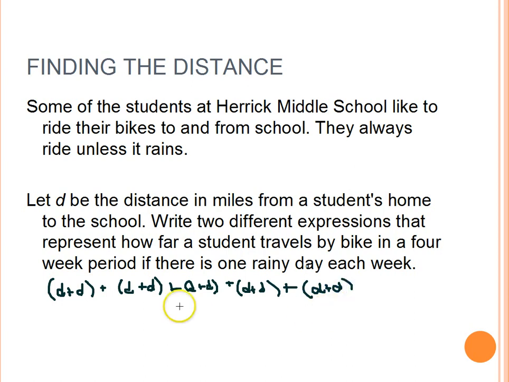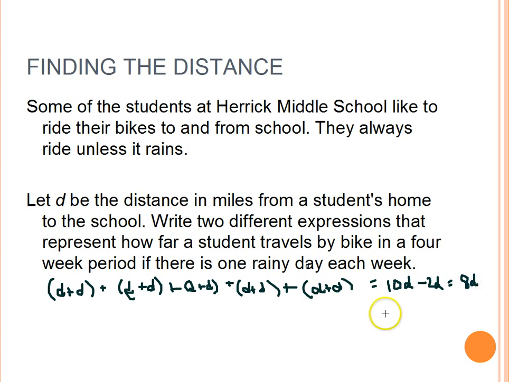So when I look at all of these, I have 1D, 2D, 3D, 4D, 5D, 6D, 7D, 8D, 9D, 10Ds. Okay, except for the fact that they said that 1 day each week they don't go. So I can actually take away 2Ds. Okay, so in 1 week, they travel a distance of 8D.